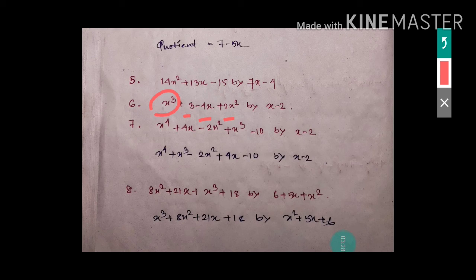So at that time you have to arrange the terms according to the degree of each term. The x cube term is there, degree 3, then next you write the 2 degree term. The 2 degree term is your x square, where degree means the variable's power. So next it will be x square, then the 1 degree term, that means this term, then after that the constant.